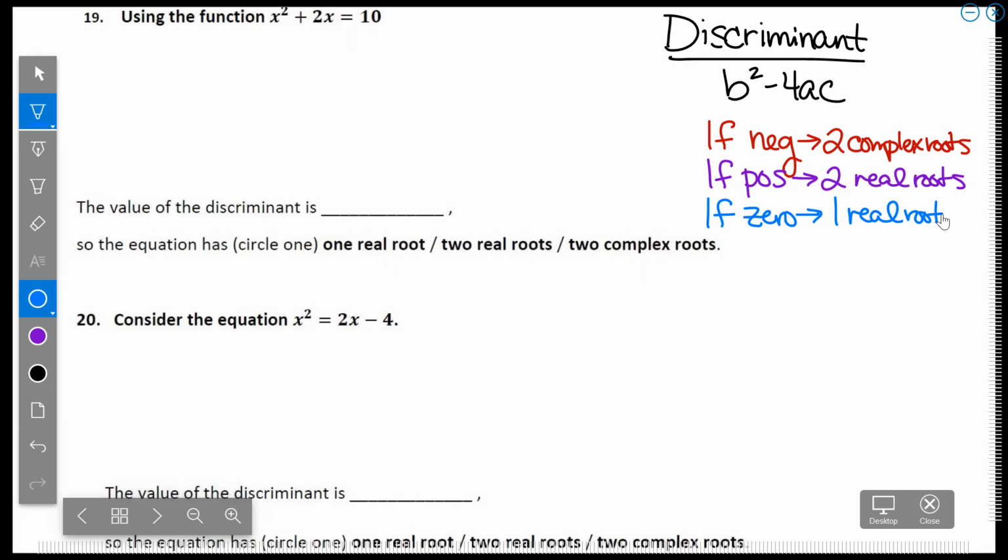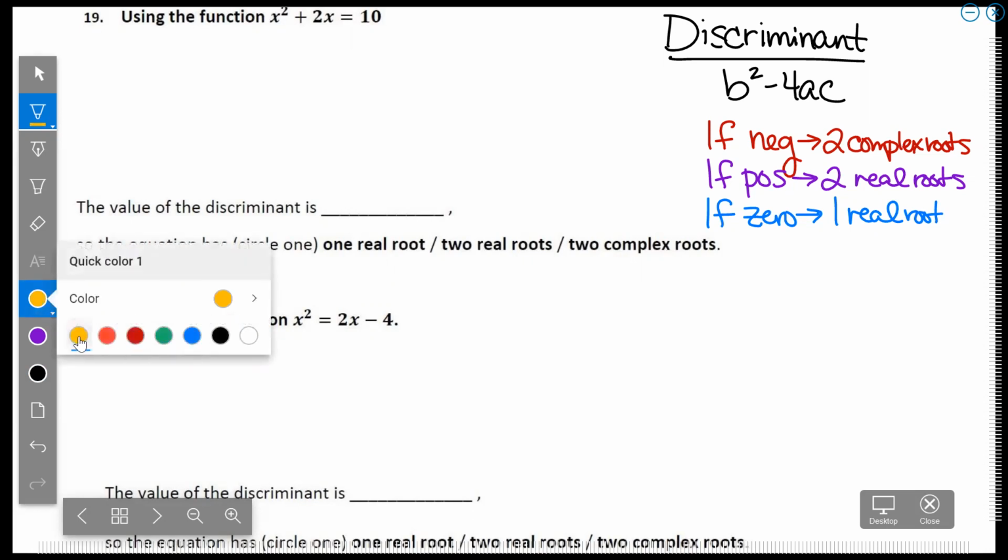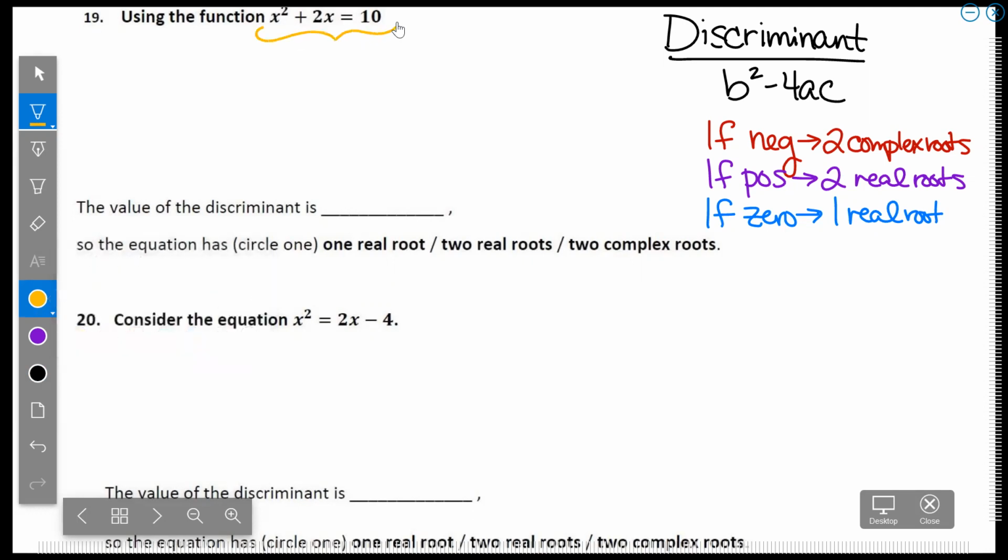All right. So the first thing you need to pay attention to is we cannot identify A, B, and C until it is set equal to 0. Then you can ID A, B, and C. So what do I need to do to this to get it equal to 0?